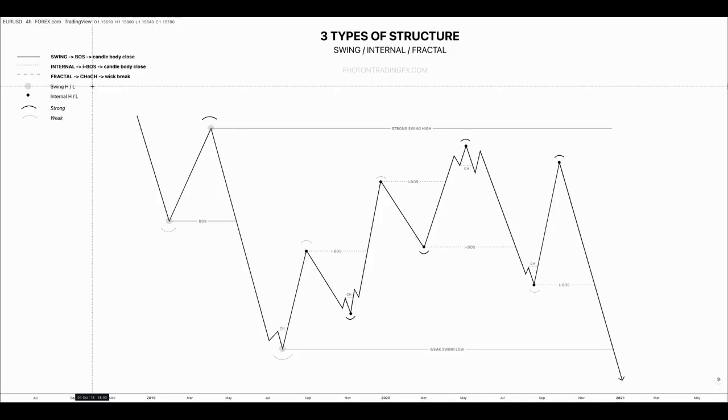So that's what we're going to start to think about more. Now that you've learned how to identify these individual concepts, it's about how we put them together as a framework to read and understand price action, so we can have an expectation of what is most likely to happen next in the market based on probabilities. Never certainties, always probabilities.